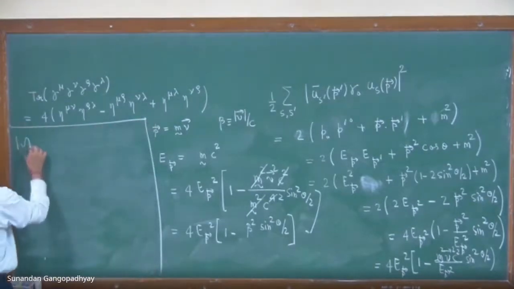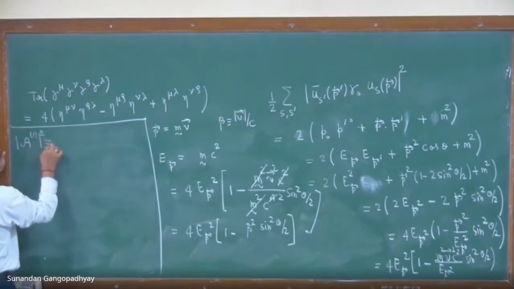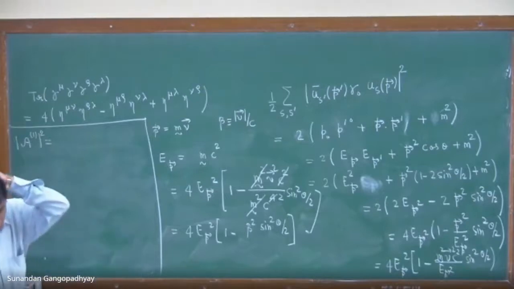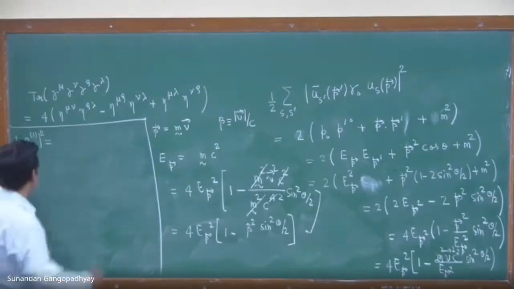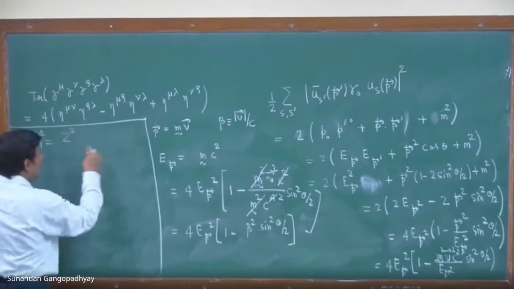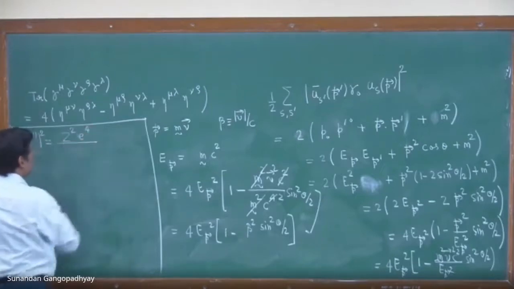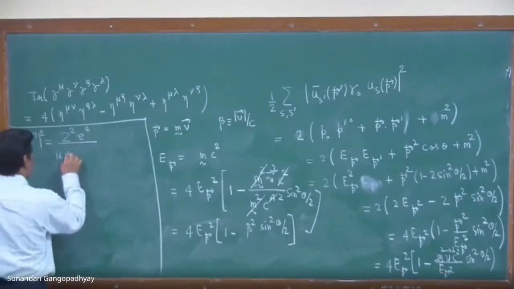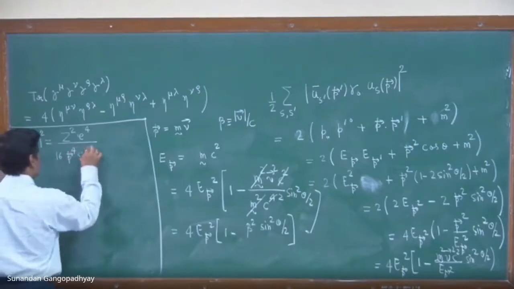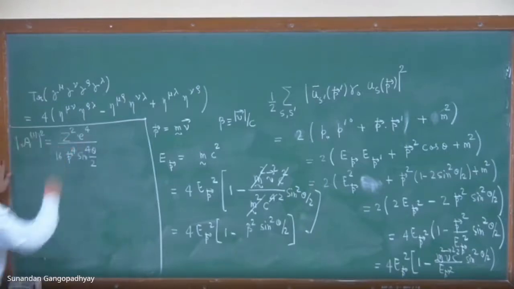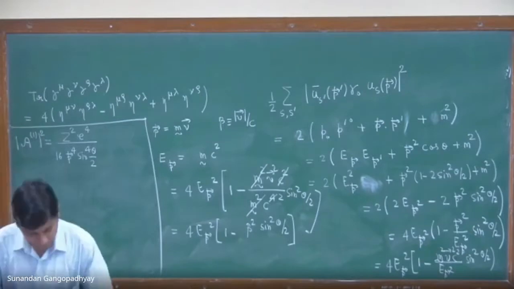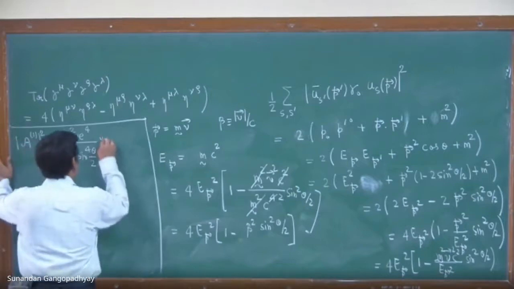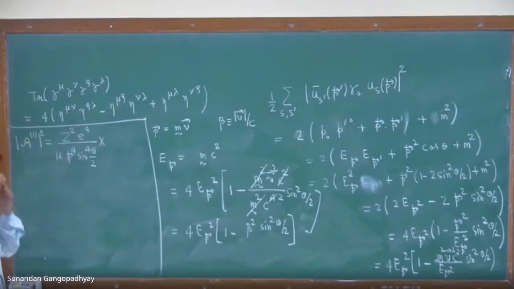So A1 mod square will be equal to the factor that was already there in front, z square e to the power 4 divided by 16 p vector 4 sine to the power of 4 theta by 2. You remember this from the earlier calculation. And this is times the part that we have calculated now, the matrix element, the important part.